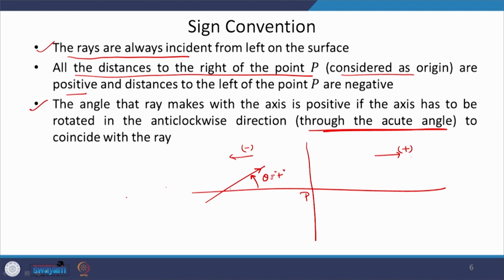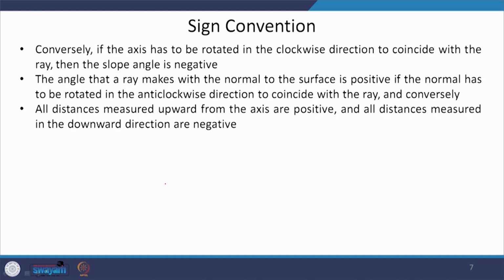And if the ray is moving in the other direction, say this direction, then the rotation would be in clockwise direction and theta would be negative here. This is the negative theta.